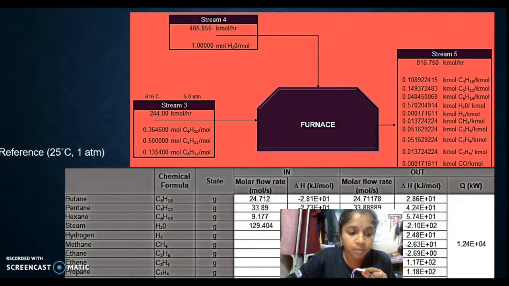My reference point at this unit is 25 degrees Celsius and 1 atm. The heat produced in furnace is 1.24 times 10 to the power of 4 kilowatts.